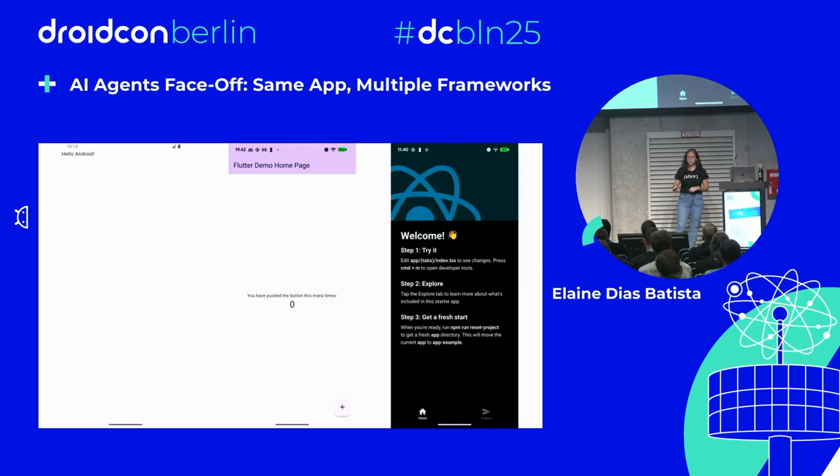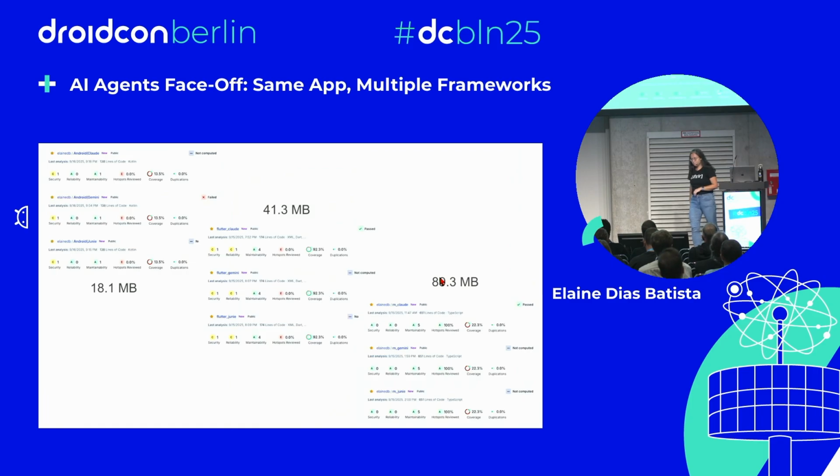So I was using Expo, and this is what their starter app looked like. Also, as I said, Sonar was hooked up, and here I put the initial size of the APKs. For everything I'm going to say, I built only release APKs, so those are all release APKs.